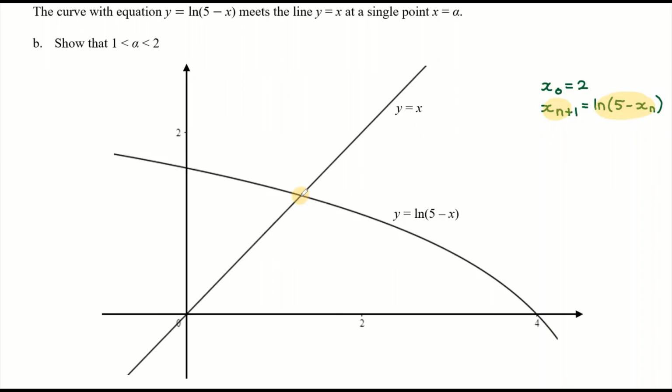So we're going to use the iterative process, but we're going to do it diagrammatically now. So if you remember from previous examples, first of all, we draw a line to the curve, which then goes to the line y equals x. Then we go to the curve again, and then to the line y equals x, and so on, back to the curve.